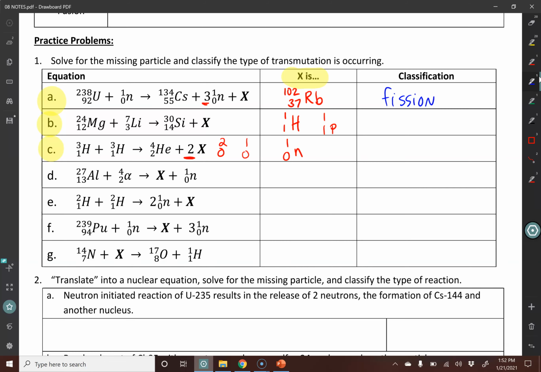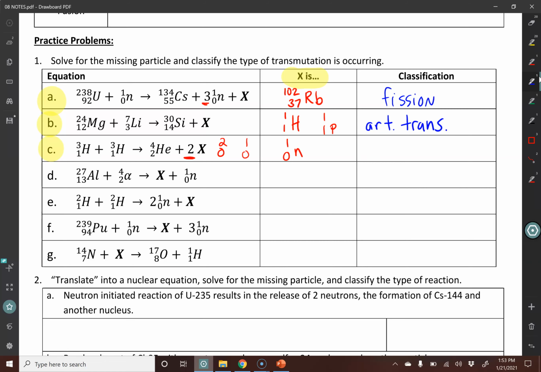If we look at letter B, magnesium and lithium, well, those are definitely too big to be hydrogens and too small to be uranium. It's not a natural transmutation because I have multiple reactants. So the catch-all will be an artificial transmutation reaction. That's the best we can do for classifying this one.